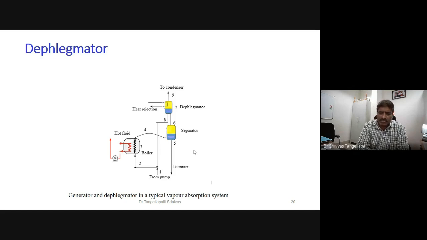Why do we have to increase the concentration before supplying to systems like cooling systems or power generation systems? A cooling system goes to the condenser, throttling, and the evaporator. A power generation system goes to the turbine. That is the difference. So why do we need to increase the concentration? What is the purpose?